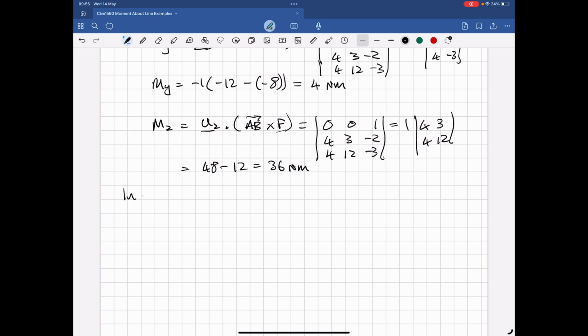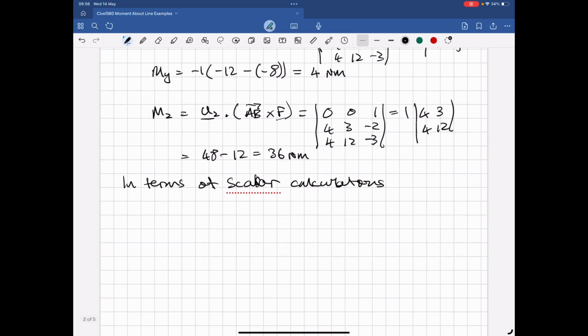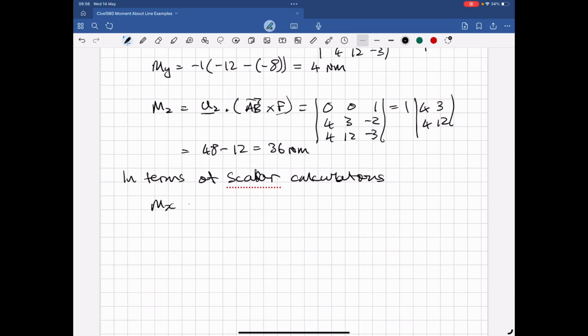In terms of scalar calculation, Mx is equal to the sum of moments about each component in the x direction.